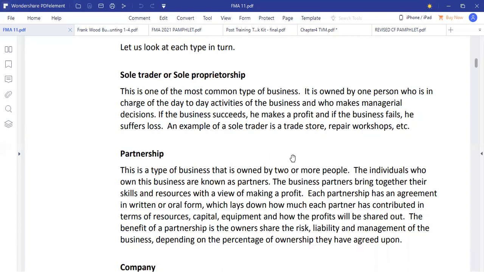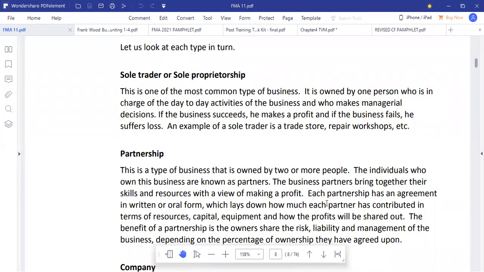Examples of sole traders are workshops, a trade store, a cantemba. And these ones have what we call unlimited liability. This means that the debts of the business will go to the individual assets that a sole trader or sole proprietor may have.